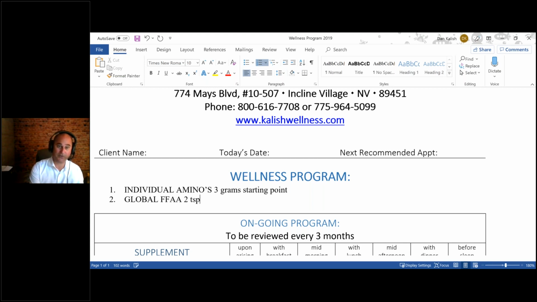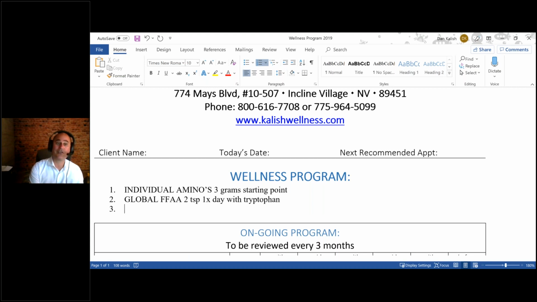Usually 2 teaspoons, 1 time a day. Make sure you have tryptophan. And if the levels are high, you're going to use B complex plus an extra 100 or more milligrams of vitamin B6. That's going to help that person break down or utilize the amino acids, right?